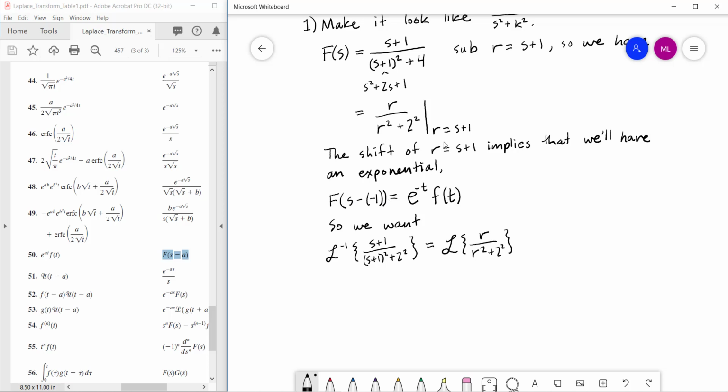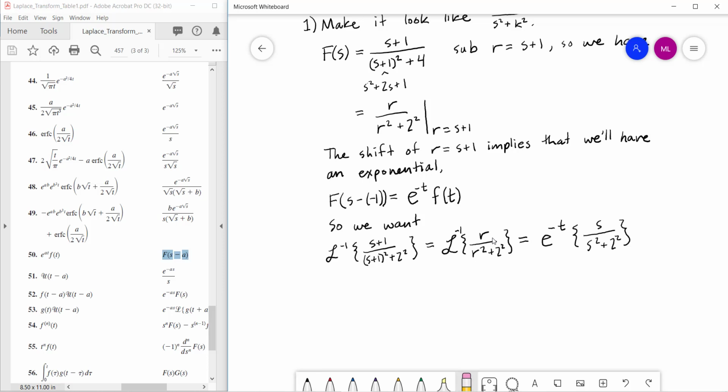So it's going to give us an e to the -t times the inverse Laplace transform of the unshifted version of this, of what we would get if we were back to just having s's. If this makes sense.